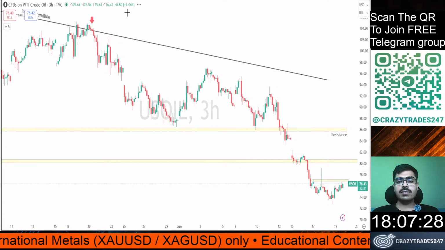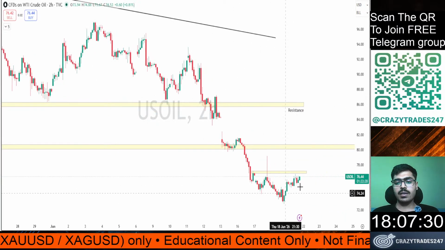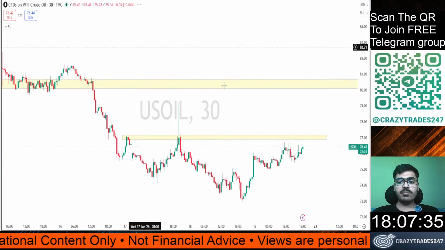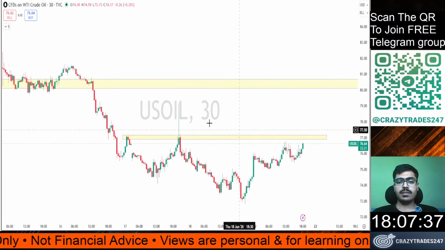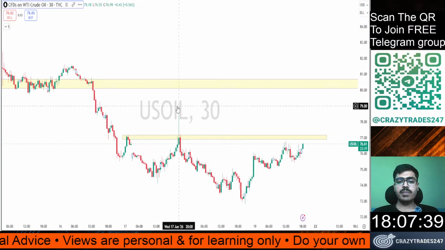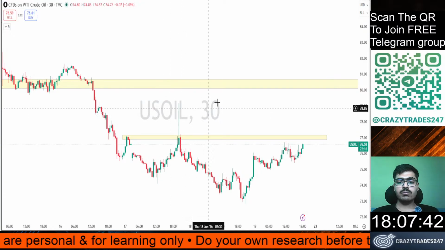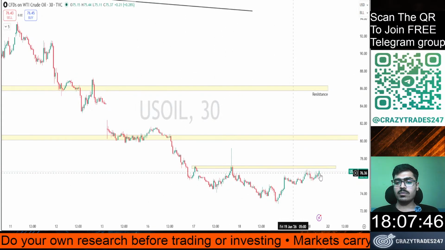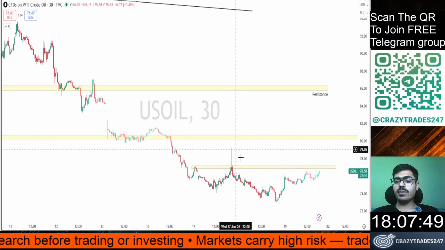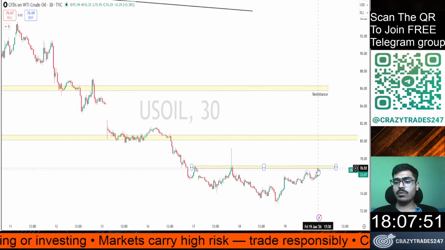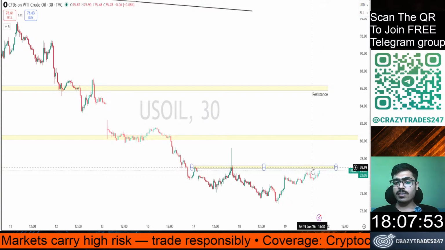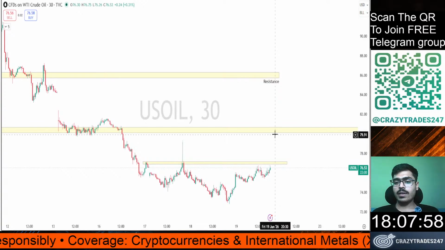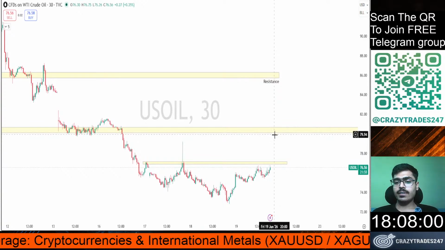Looking at the price structure, this seems like a bottom formation, an inverse head and shoulder kind of formation. If price breaks above this neckline, this upper wick has made it difficult to navigate through this structure, because if this upper wick would not have been there, then we would have taken a long position here after breakout of this level, for the target of 80.